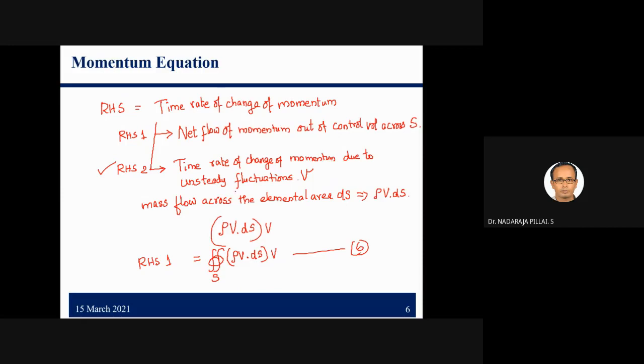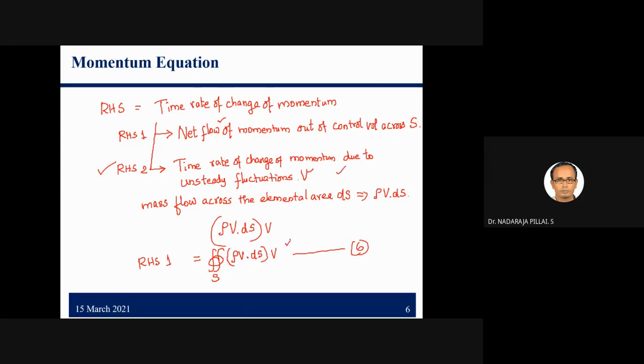Now the right-hand side of the equation is the time rate of change of momentum. The momentum of the flow entering the control volume will not be equal to the momentum going outside the control volume, and hence the net flow of momentum needs to be calculated. Another component is the time rate of change of momentum due to unsteady fluctuation. That is what we have considered here.